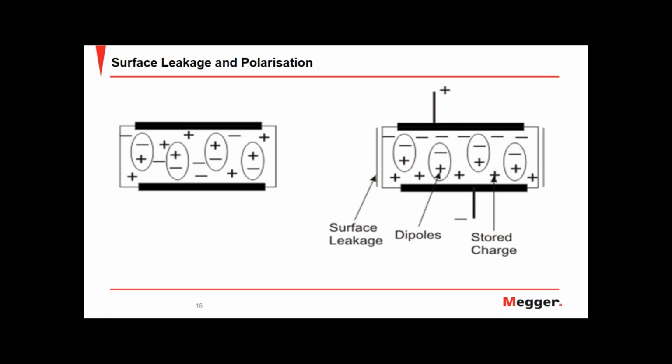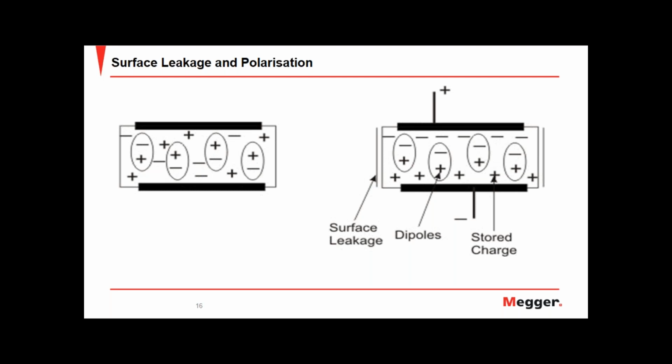However, on the right-hand side, once we start to apply a voltage across the insulator, it tries to overcome its electronic constraints and it starts to polarize. It attempts to align itself to the two polarities of the negative and positive. And here you can see the dipoles actually aligning towards the negative plate so we can get the total system in equilibrium.